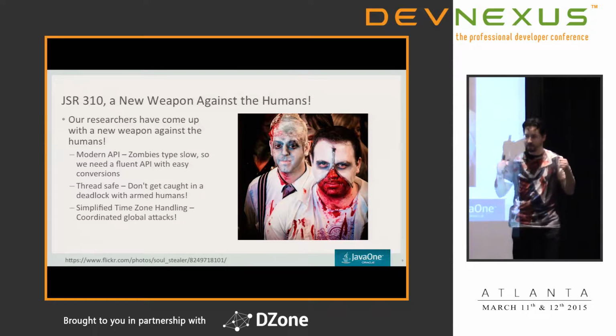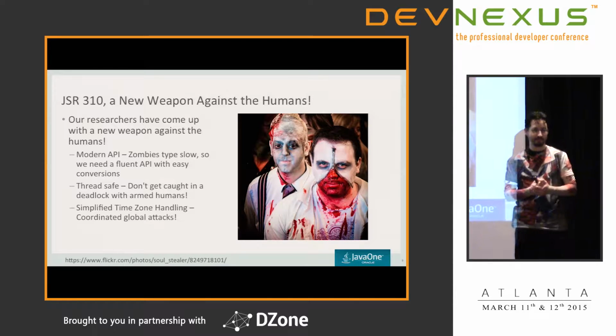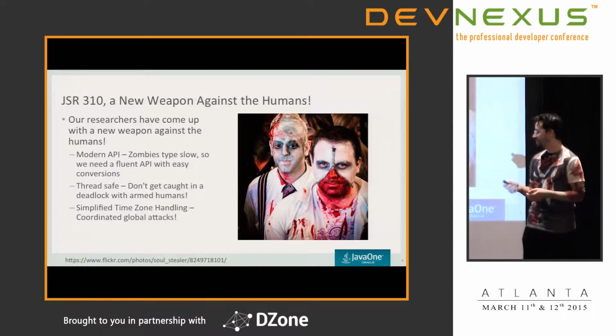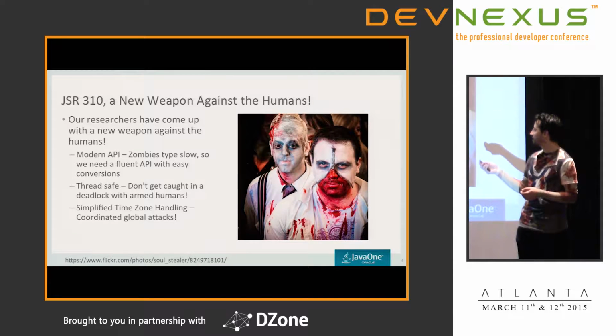And we have a new weapon us zombies are going to use to take over the human population. It's called JSR 310. Are you scared, Kay? I'm scared. These are our zombie scientists. Anybody recognize these guys?